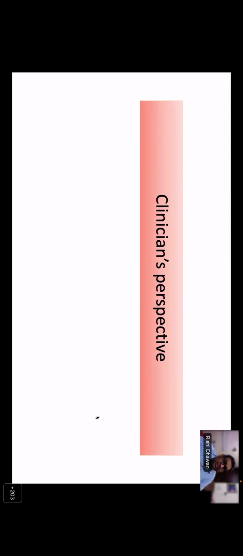In that situation, look at the marrow. If you have a clear-cut diagnosis of megaloblastic anemia, fine. If you have some doubt, then evaluate as per the hematopathology algorithm.